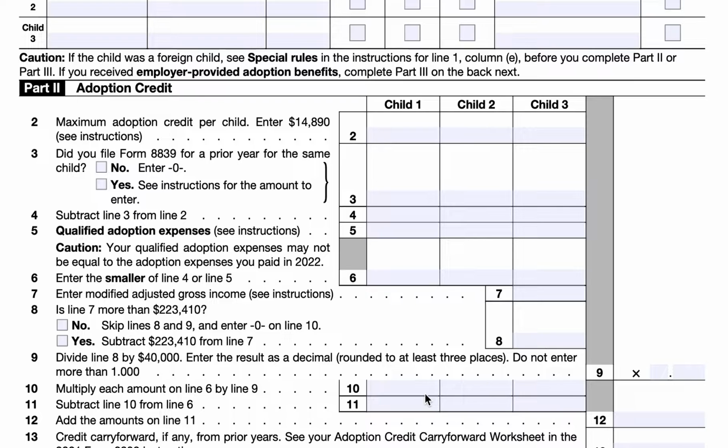For line 9, you'll divide the amount in line 8 by $40,000. This is the phase out window. You'll enter this amount as a decimal rounded to at least 3 places. Do not enter a number more than 1.000.